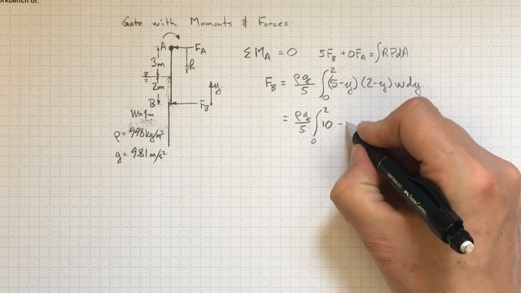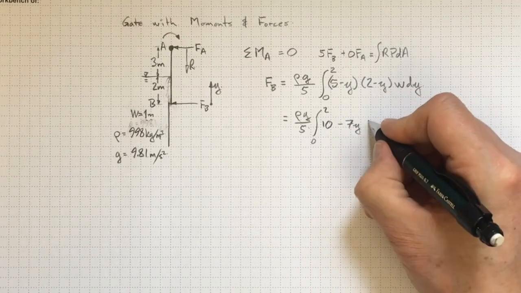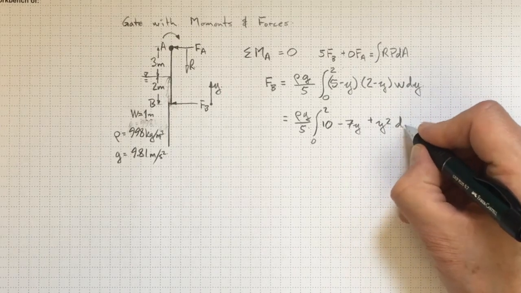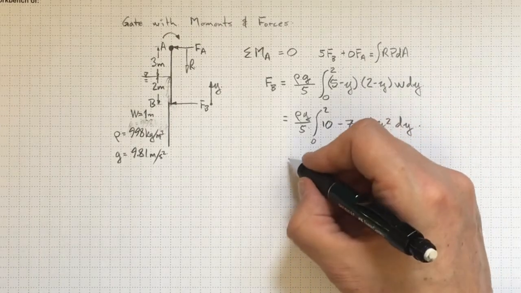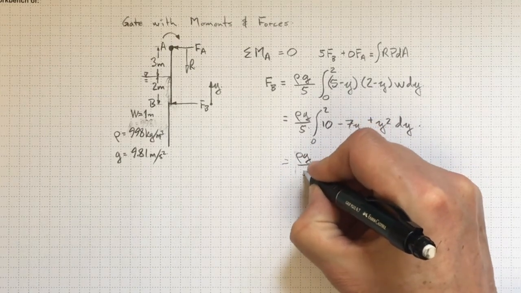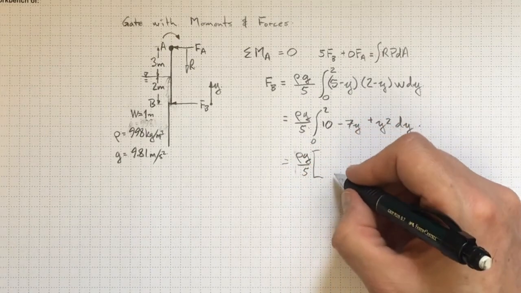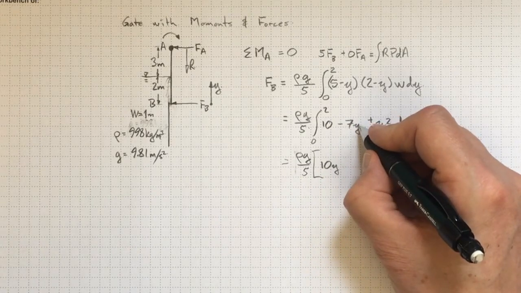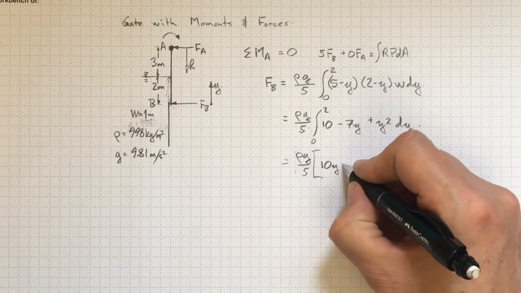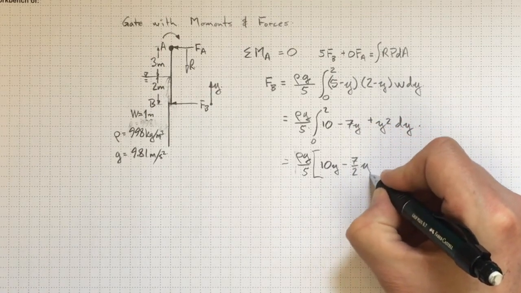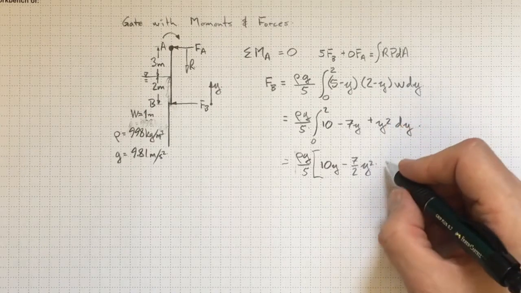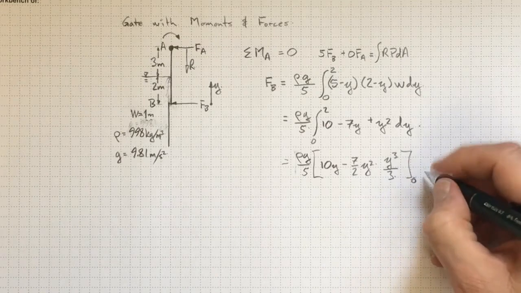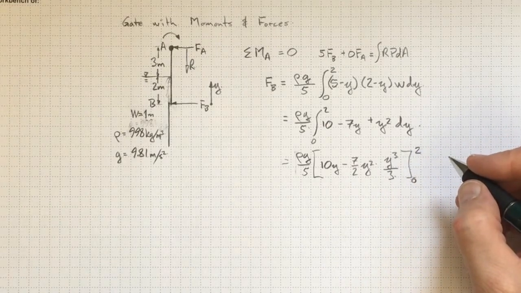So combined we'll get negative 7y plus y squared dy. If I do that integration, rho g over 5, and the integral of 10 is 10y. The integral of 7y is 7 over 2 y squared, and the negative sign stays. The integral of y squared is y cubed over 3, and I'm evaluating those at 0 and 2.